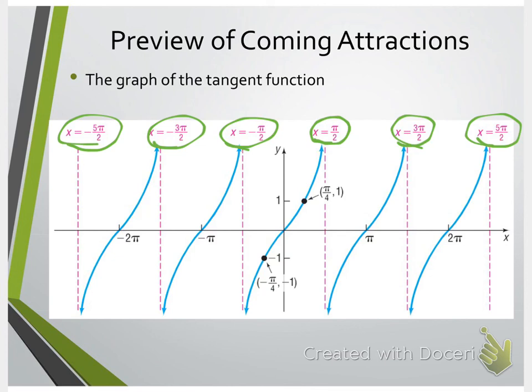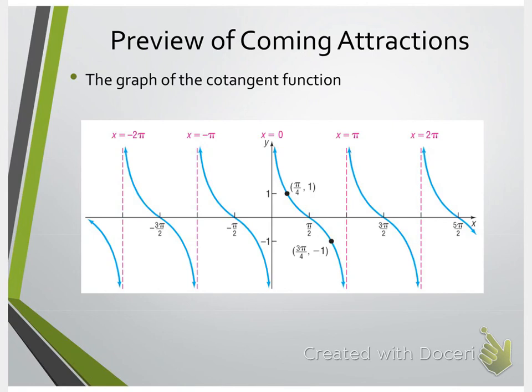What happens when you try to compute the tangent value at pi over 2 and at 3 pi over 2, and at negative pi over 2, and at negative 3 pi over 2? You're trying to divide by 0, right? So that's where you've got your vertical asymptotes, because those are the places where it would be undefined.